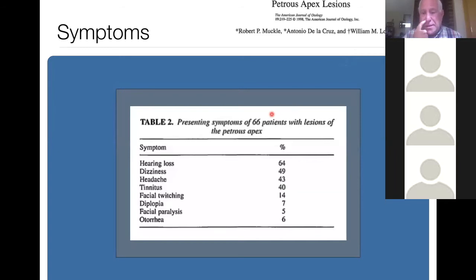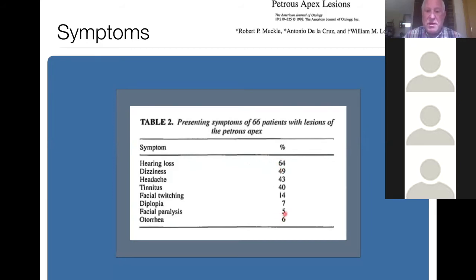Well, of these 66 patients, 64 presented with hearing loss. Well, we've got a lesion at the apex. Why are we having hearing loss? Is it because the mass effect of the lesion is blocking the eustachian tube? We're getting middle ear pressure, middle ear effusion. We're getting possible erosion into the cochlea or destruction. Those are probably the causes for this hearing loss, okay?